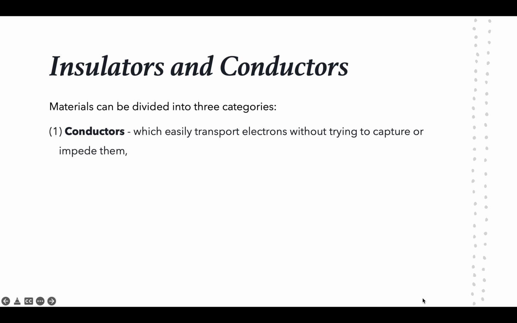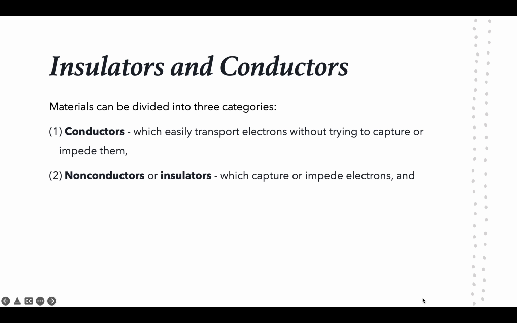Materials can be conductors, which easily transport electrons without trying to capture or impede them, such as wiring in your house or your electronic devices. Non-conductors or insulators, which impede the transfer of electrons, such as rubber boots or rubber soles or rubber gloves, things like that. And semiconductors, which are somewhere in between.